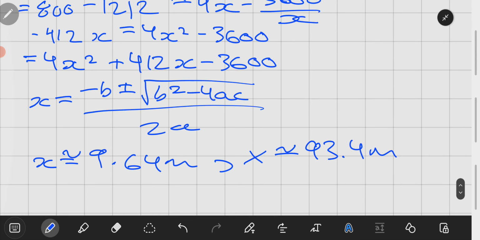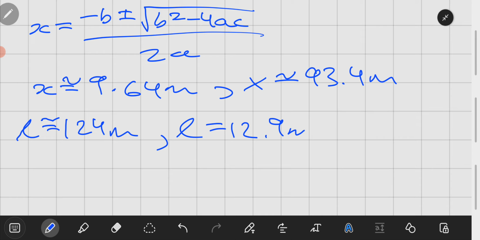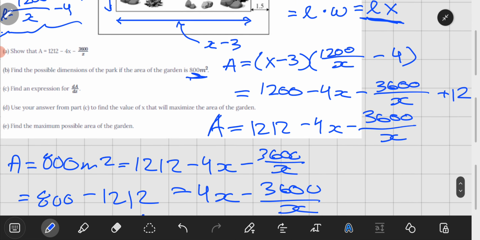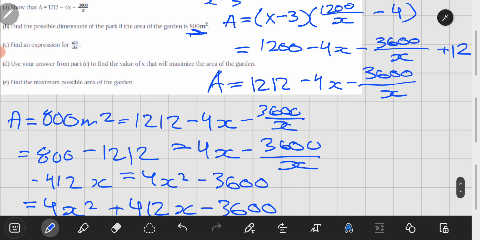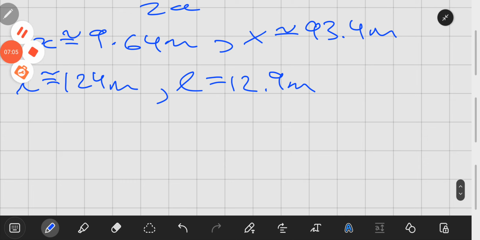The possible lengths with their corresponding widths can either be 124 meters after rounding or 12.9 meters. Now for our next question, we're asked to find an expression for dA over dx, the rate of change of the area.